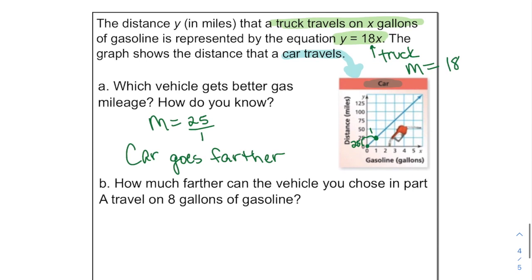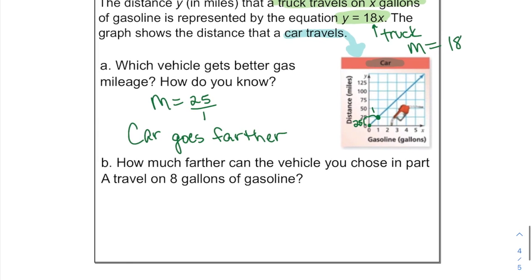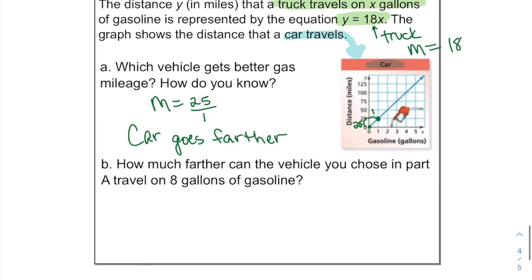So how much farther can the vehicle you chose in part A travel on 8 gallons of gas? Oh, well, if it can go 25 miles in 1 gallon, then it could go 25 miles in 8 gallons. If it goes 25 miles for 8 gallons of gas, then we've got 200.